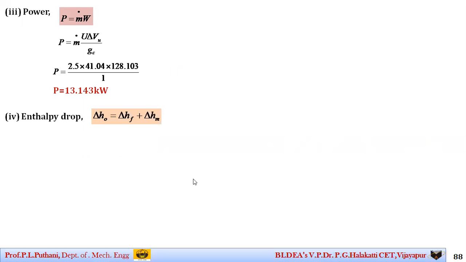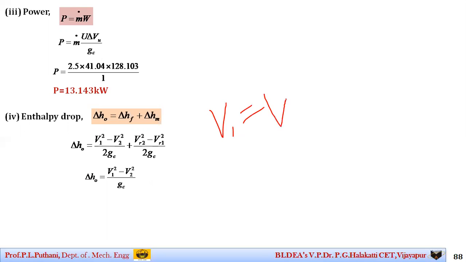Similarly, enthalpy drop, enthalpy for fixed blades as well as for the moving blades, we take them together. That is V1 square minus V2 square by 2GC plus VR2 square minus VR1 square by 2GC. It becomes V1 square minus V2 square by GC itself only, as we know the property for the reaction turbines, that is V1 is equal to VR2.